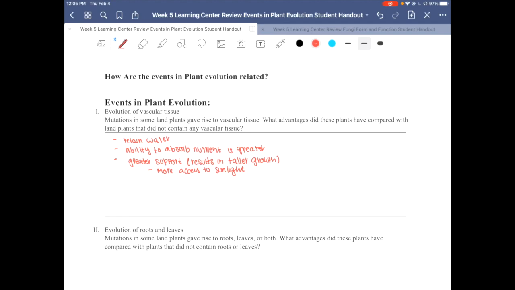Also, because they have more access to sunlight, they also have faster rates of metabolism. And that allows them to grow quicker and be more efficient with water and food transport throughout the body.